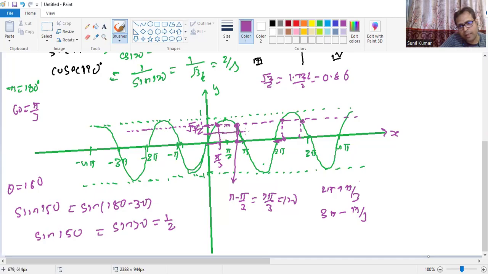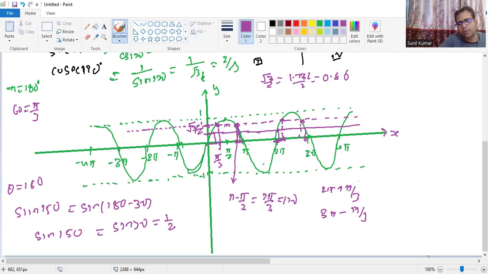If we draw this line here, we get the same value. Suppose this one is 30, then somewhere else is 150, which is nearest to 180. Correct. Again the same here.